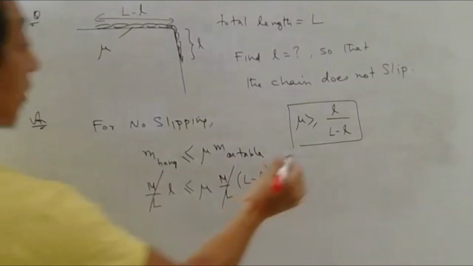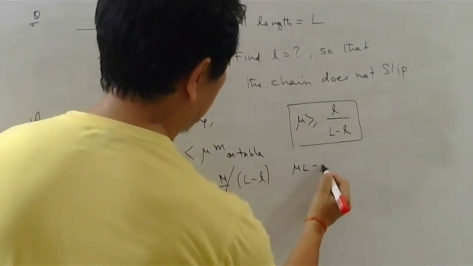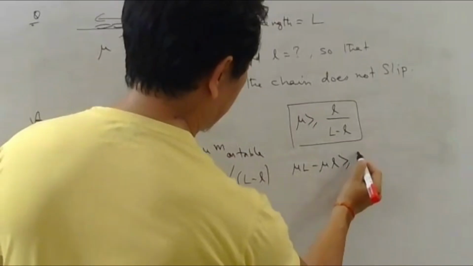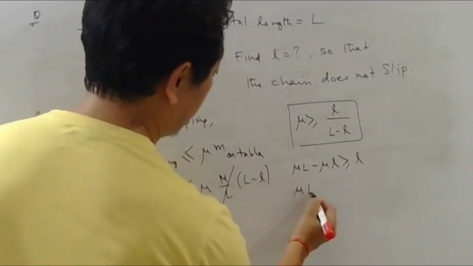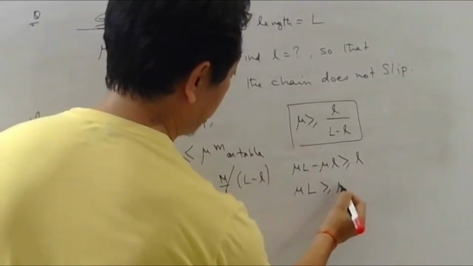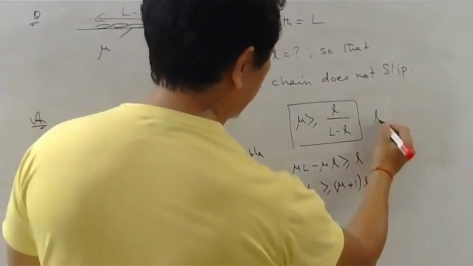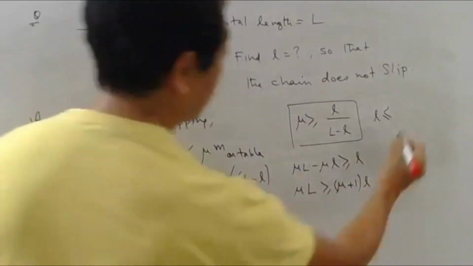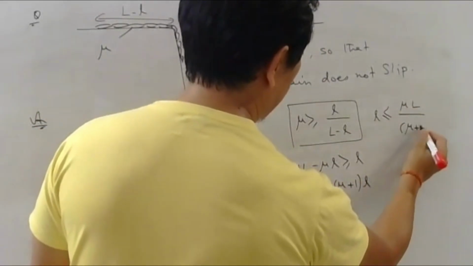If they want you to find l, then you have to cross multiply. Mu L minus mu l should be greater than or equal to l. This should go this side. Mu L should be greater than or equal to (mu plus 1) l. So l should be less than or equal to mu L by mu plus 1.